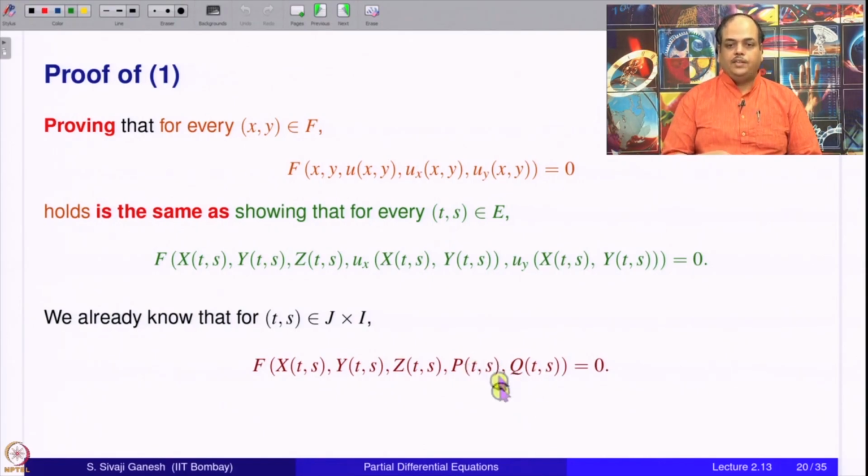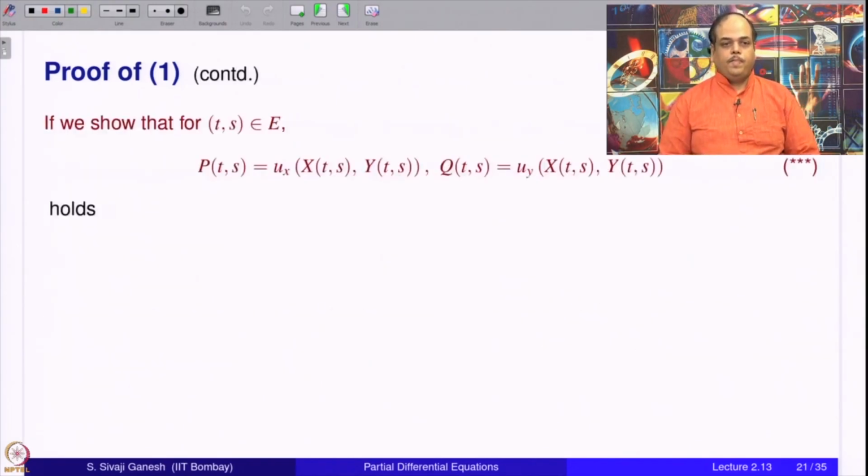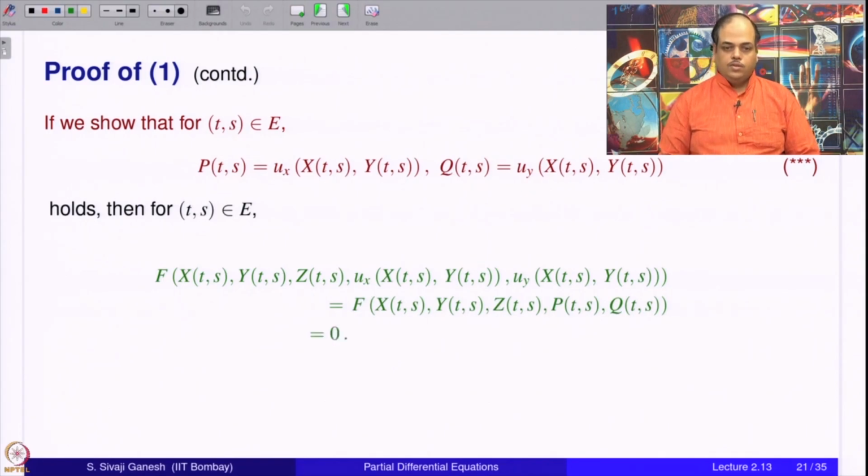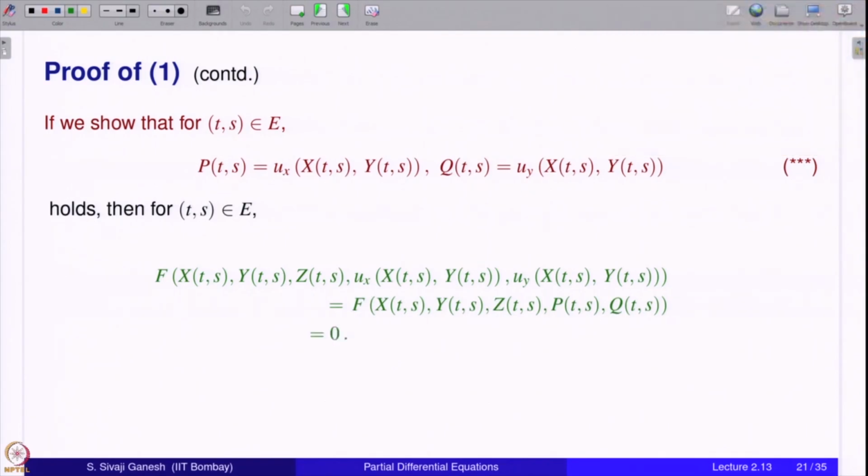Let us show that p(t,s) is u_x(x(t,s), y(t,s)) and q(t,s) is u_y(x(t,s), y(t,s)). So, this triple star is what we want to show. Then this holds, okay. This we already observed on the last slide. That completes the proof. So, what remains to show is these two equalities.